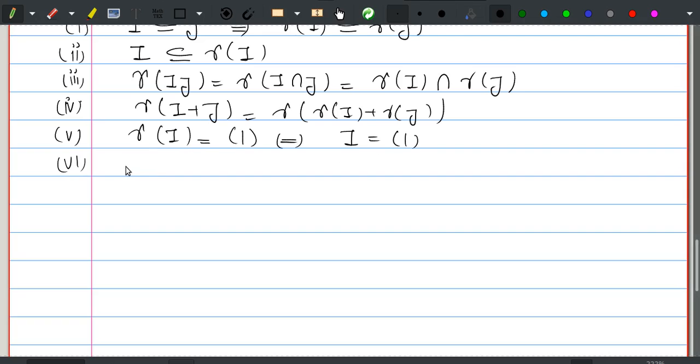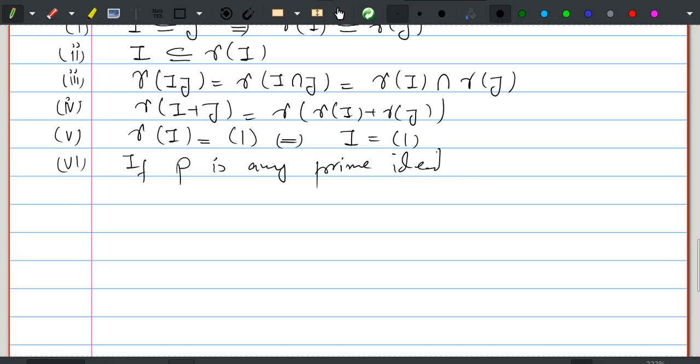And finally, if P is any prime ideal, then for any n greater than 0, the radical of P to the power n is actually P.